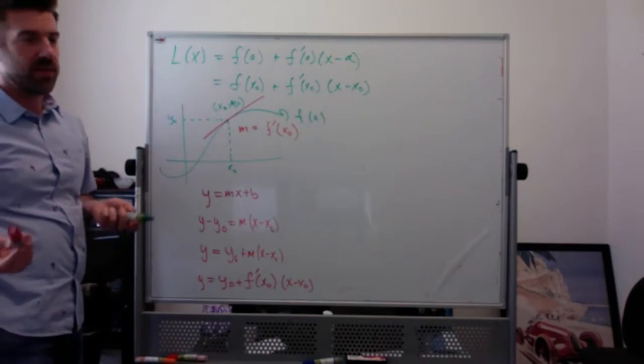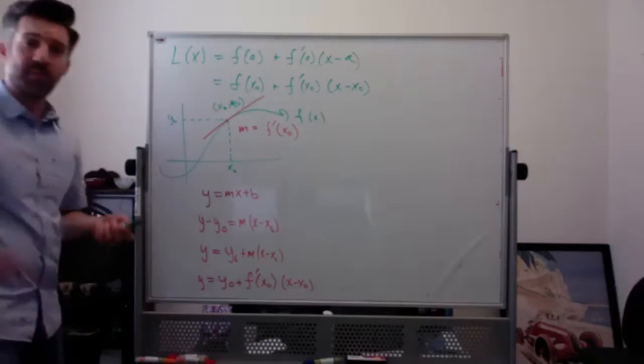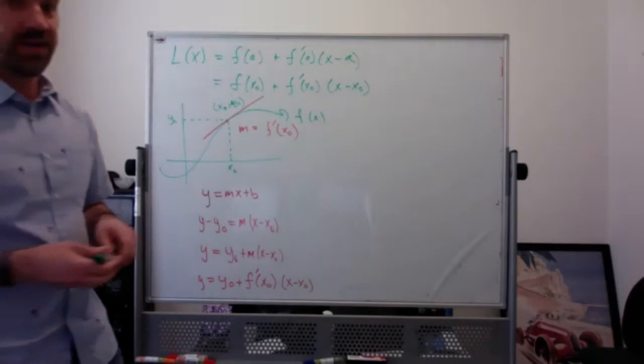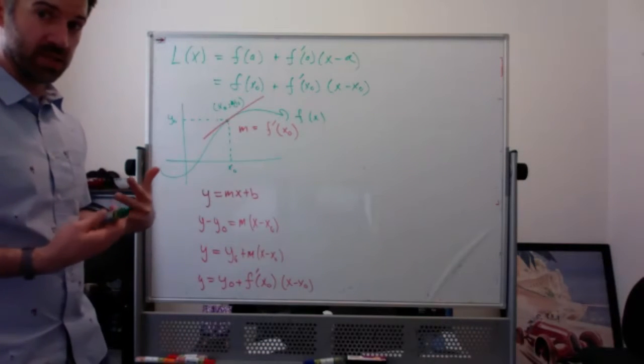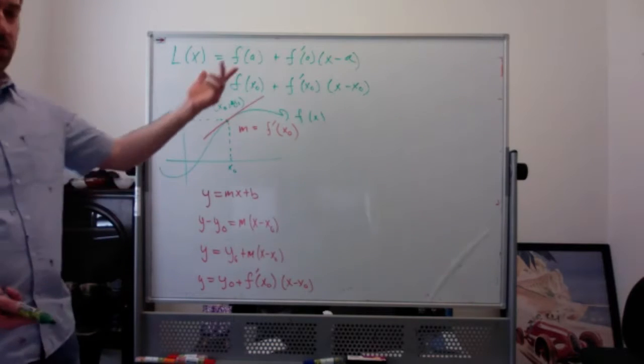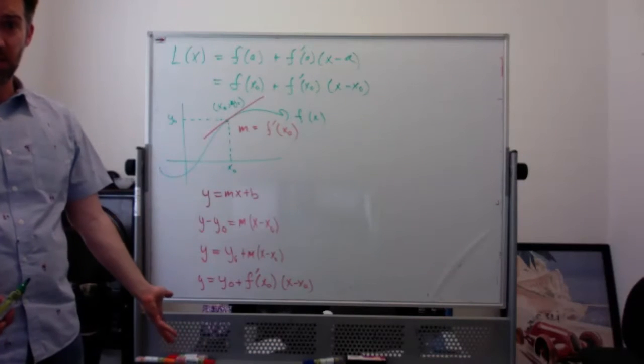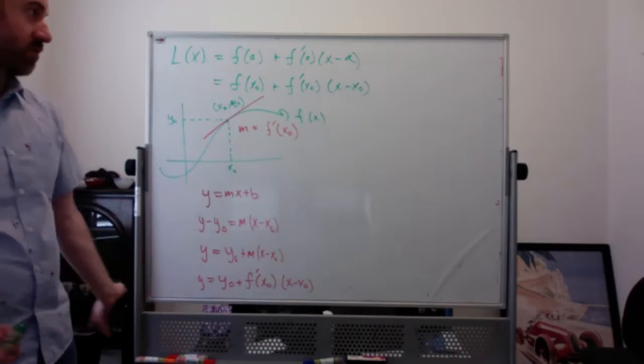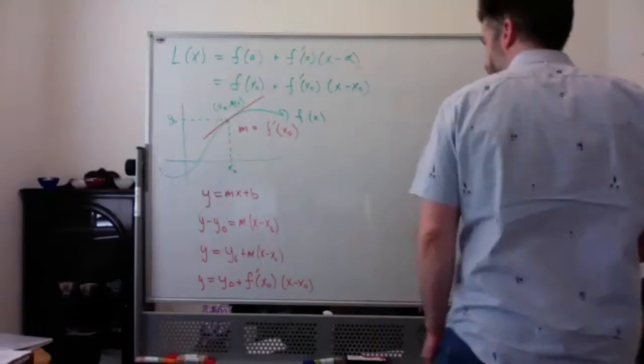And here's the nice thing about tangent planes and linearizations of functions of two variables. It's almost exactly the same as this. You just have to throw on the extra piece.